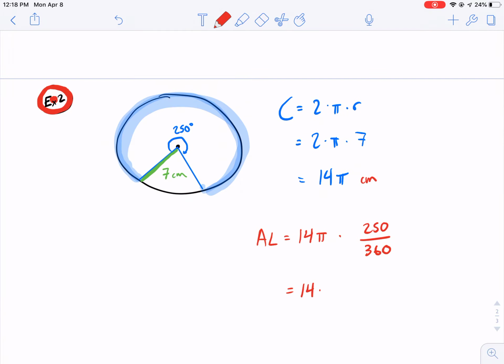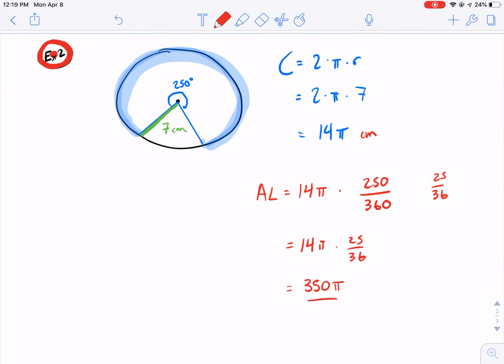I can reduce it to 25 over 36, only divisible by 5. Only divisible by 6, 9, 4. It looks like they don't have any. That's as reduced as we can go. So I'm going to multiply 14 pi times 25 to get 350 pi and leave it over 36. And that would be my answer.